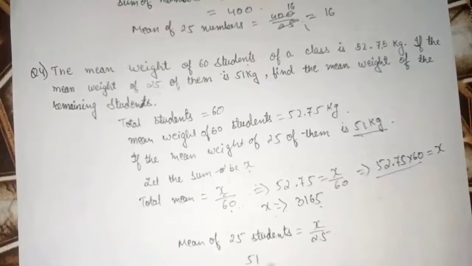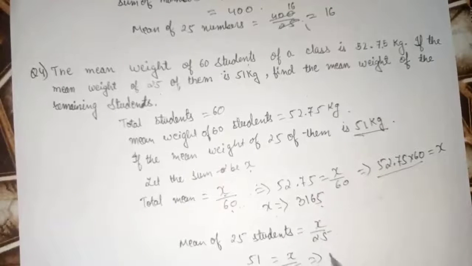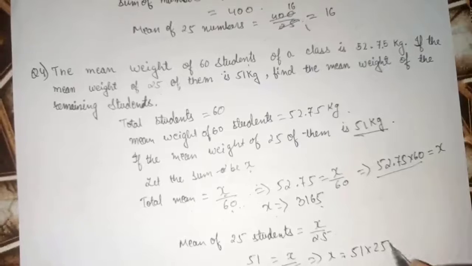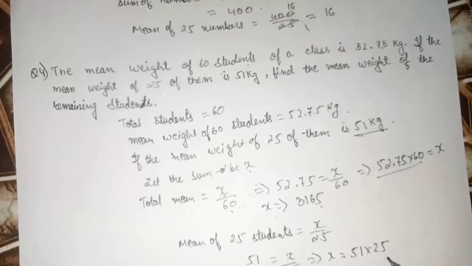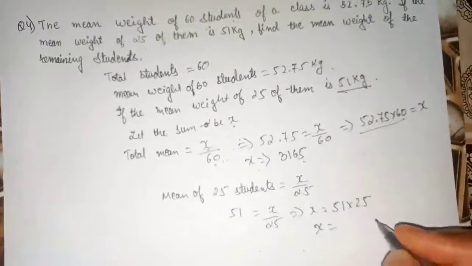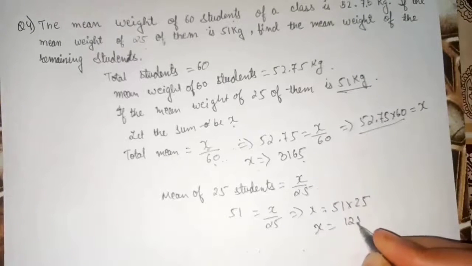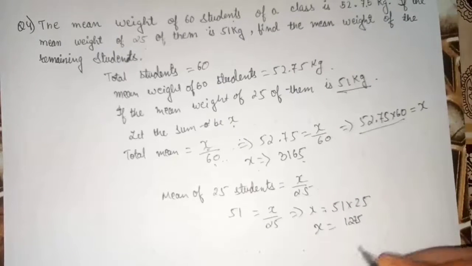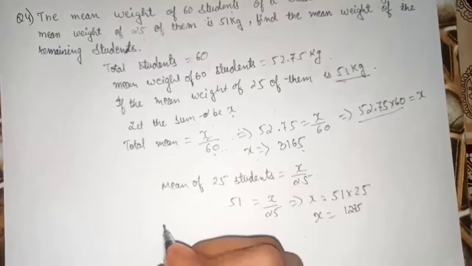So we write 51 equals x by 25. So x equals 51 into 25. The 51 into 25 will be 1275. So x equals 1275.